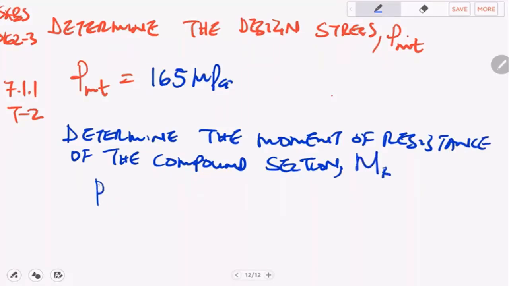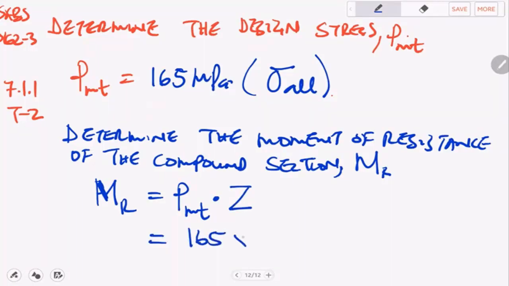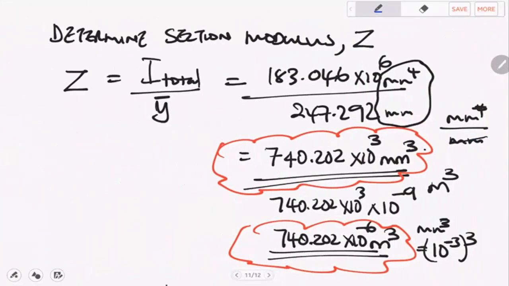So we know that MR is equal to the allowable stress, which is PMT. Please note that the standard refers to allowable stress as PMT. So PMT multiplied by Z. This is going to be equal to 165 times 10 to the power 6 multiplied by a Z of how much?